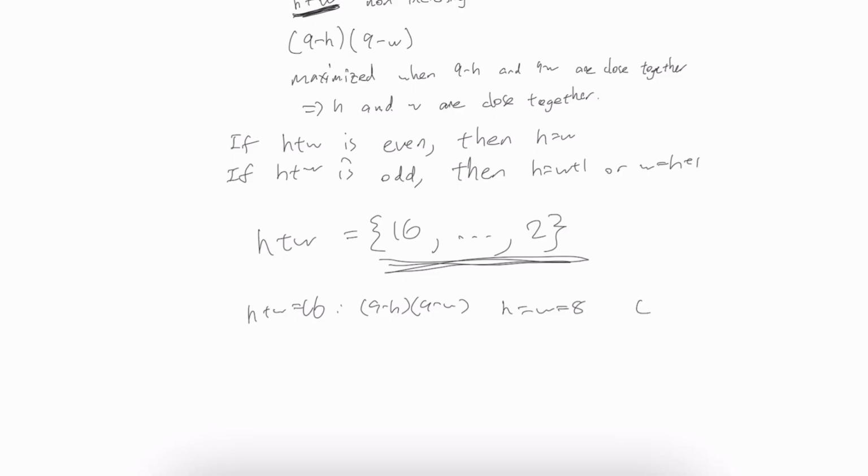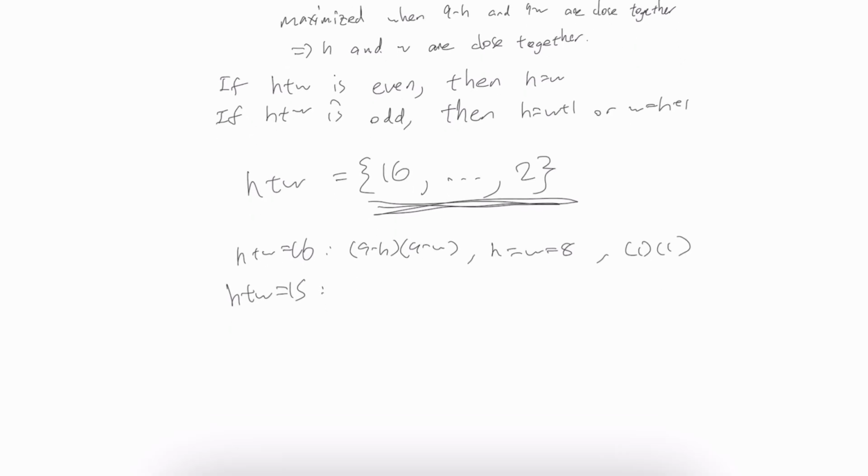So this is 1 times 1. If h plus w is equal to 15, then 9 minus h times 9 minus w is maximized when h is equal to 7 and w is equal to 8. So this is 2 times 1.